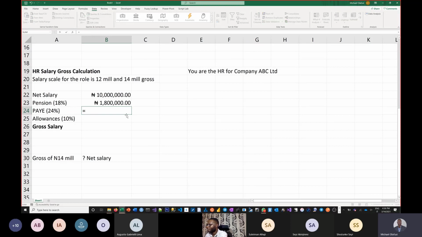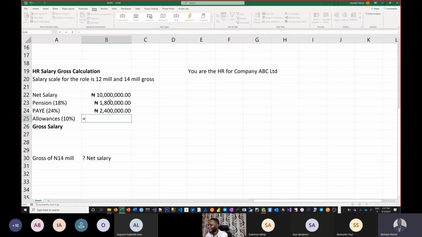Then let's say this person's PAYE category, or there's a formula that generates the percentage of your salary that you are going to have to pay to the state as his PAYE. So let's just put 24% here. I know it's a progressive rate, but simplification for our progress.